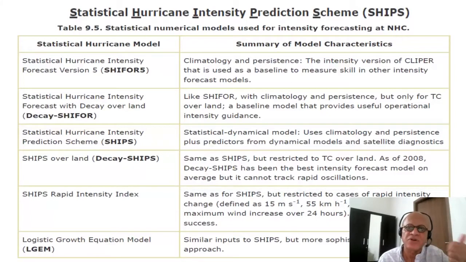There was the CLIPER track model we looked at, and that served as a baseline for skill measurement, and there is an intensity version of CLIPER as well. Decay-SHIFOR is like SHIFOR5 with climatology and persistence, but only for tropical cyclones over land, a baseline model that provides useful operational intensity guidance.